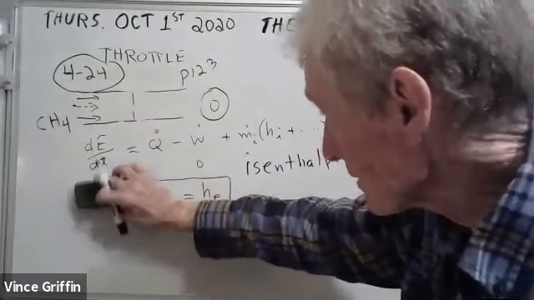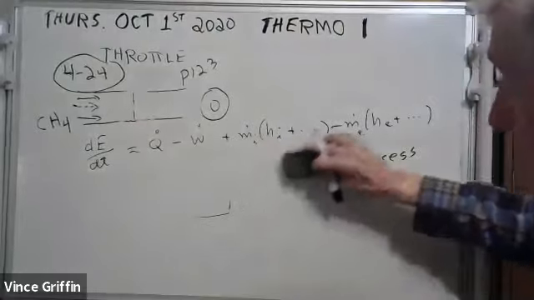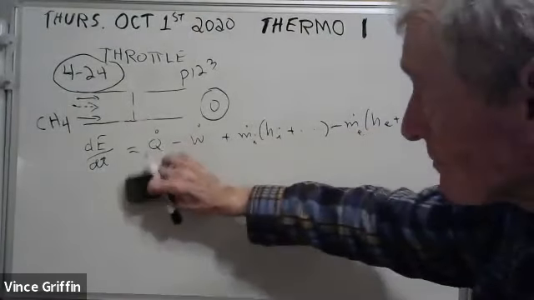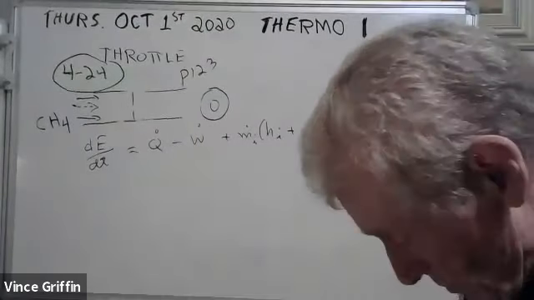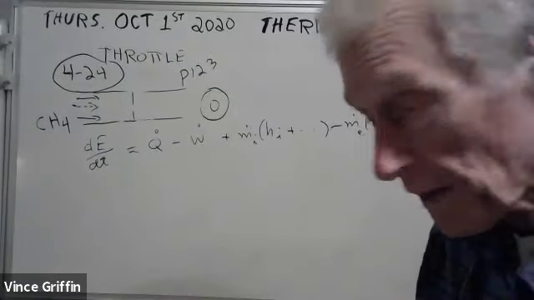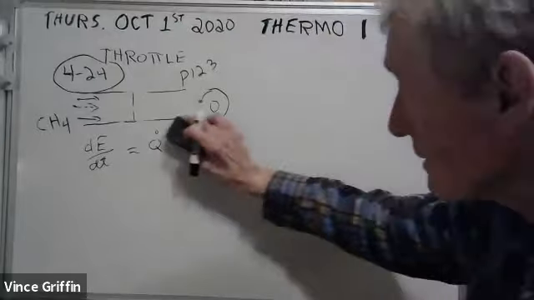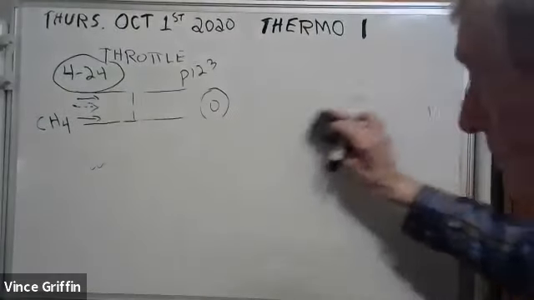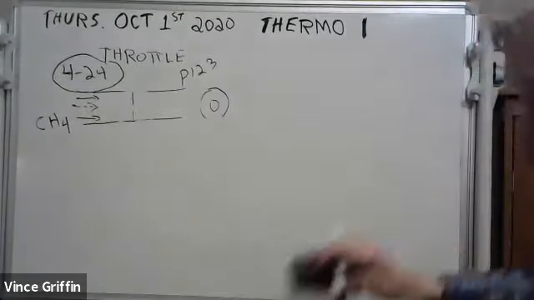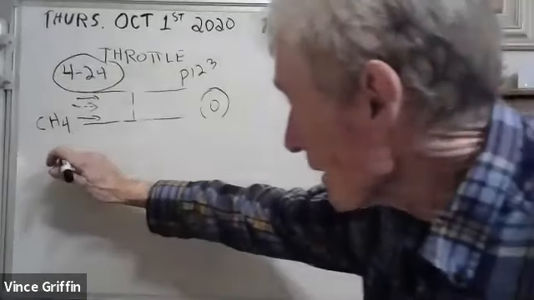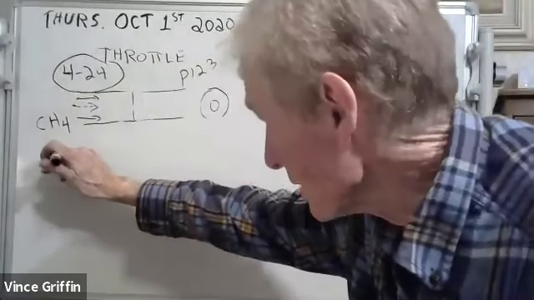I hate to erase that. That's such a wonderful equation there. But it says that we got 1 megapascal coming in. I need the room. Memorize that. That's our first law. It's very, very important. We got 1 megapascal coming in.